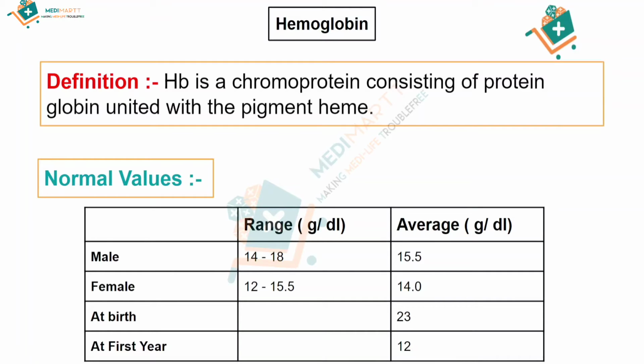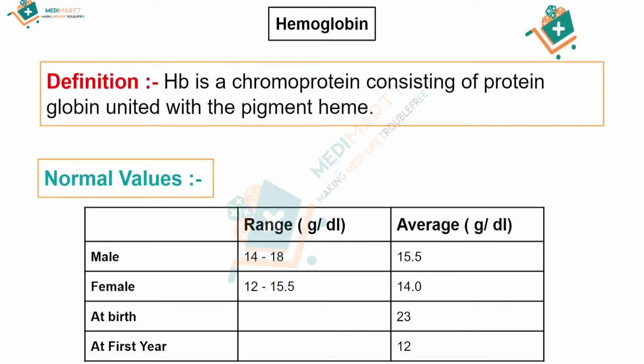Now the normal values of hemoglobin in male, female, at birth and at the first year. In male, the range is around 14 to 18 gram per deciliter, and the average is around 15.5 gram per deciliter. Please remember this normal value by heart, because it is very important.